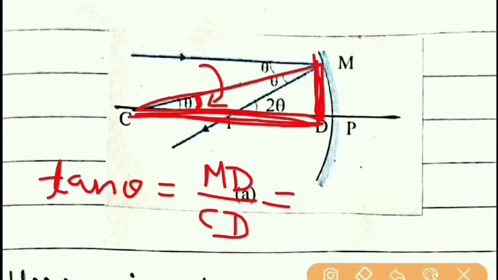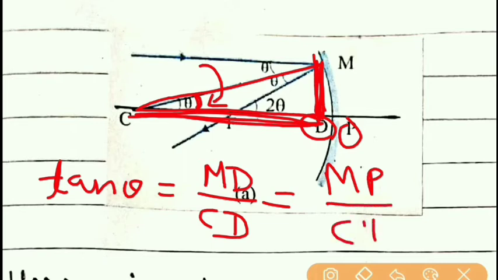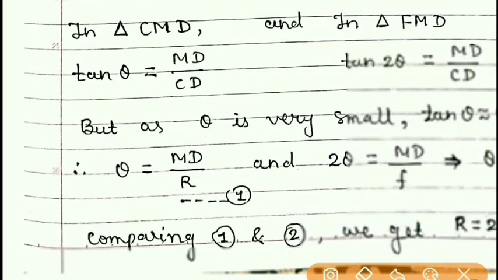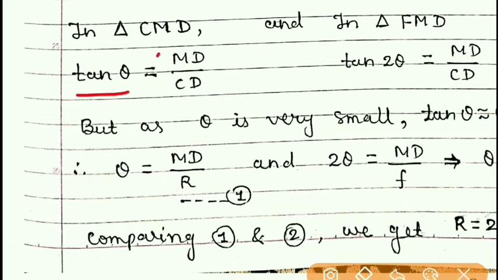In place of MD, we can write MP also because D and P are not different points, they are the same points. So it can be written as MP upon CD. So that's why I have written here tan theta is equal to MD upon CD.